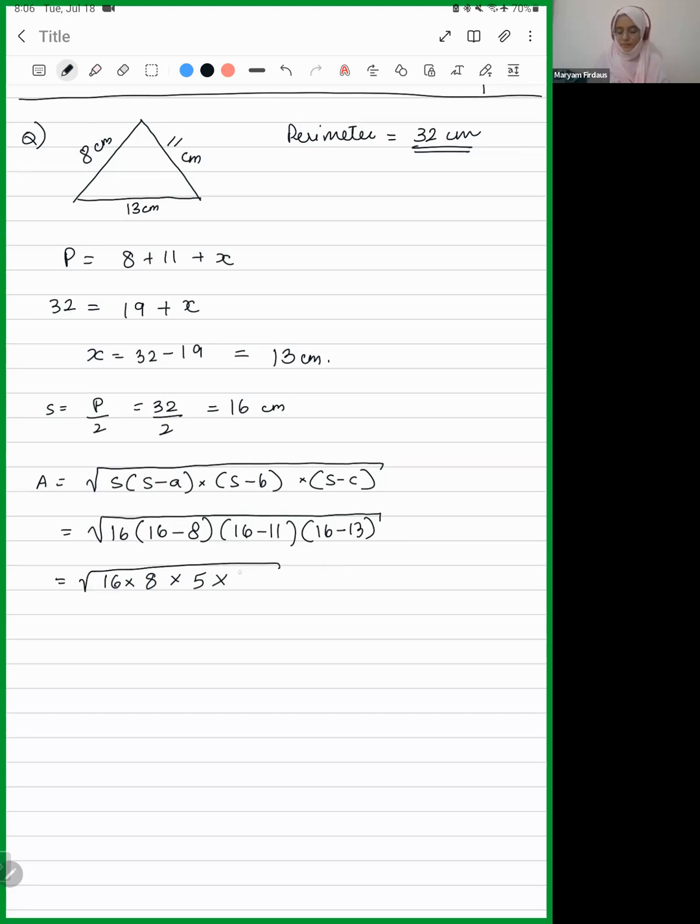Yes, 3. All right. Now, what is the next step after this, Avni? We have to take prime factorization of all of them. Yeah. What's the prime factorization of 16?